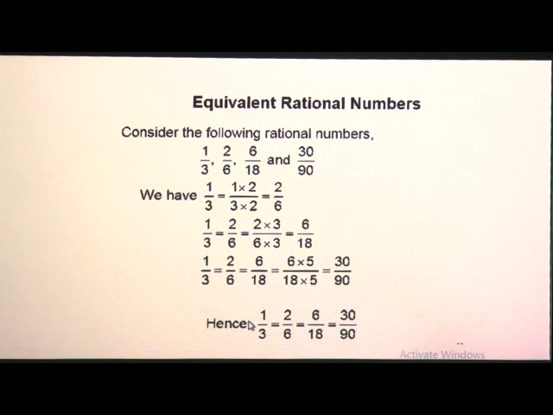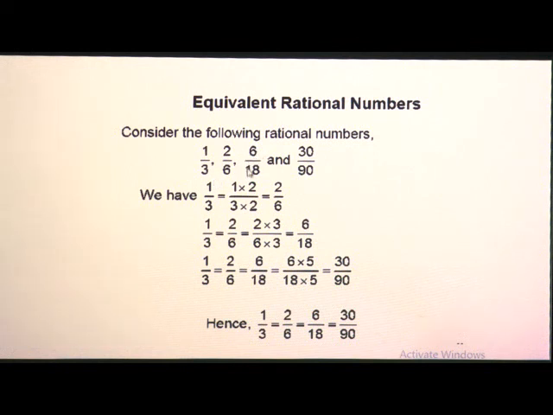What are they? They are equivalent rational numbers. What we had done? We had taken the first rational number, then we multiplied by 2 in the numerator as well as the denominator, and we got the second rational number, 2 upon 6, which is equal to the first rational number, and so on.